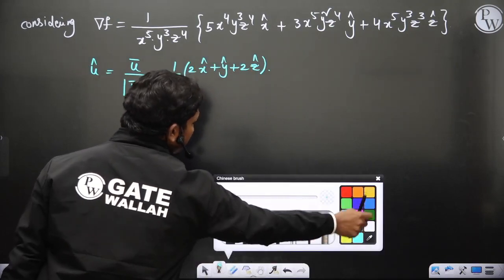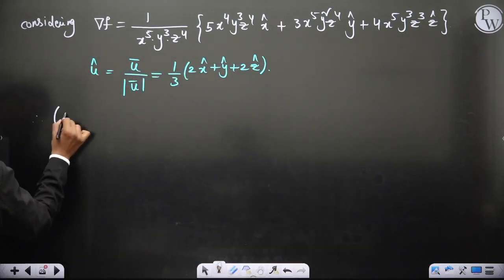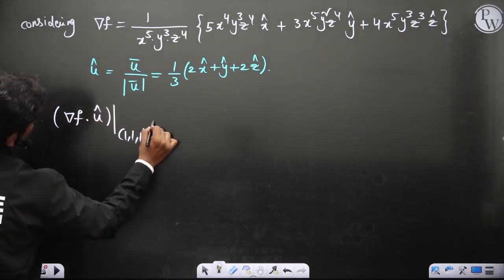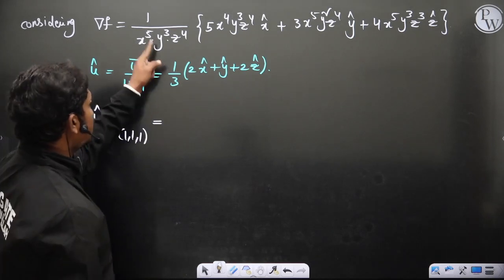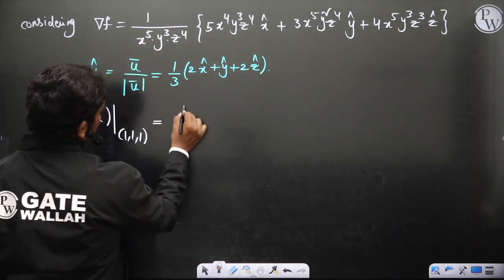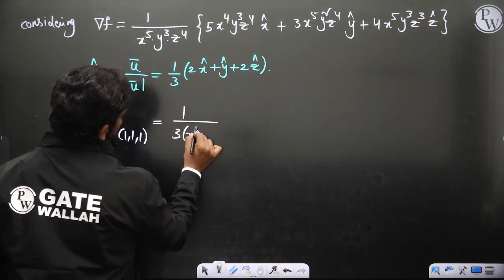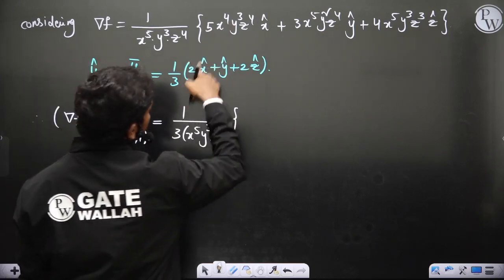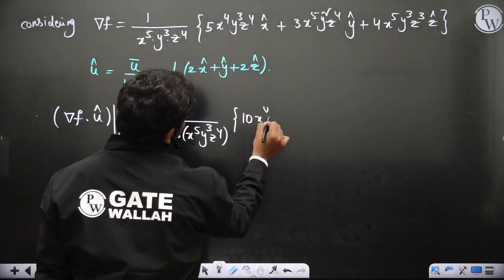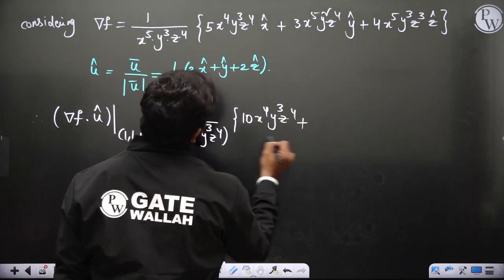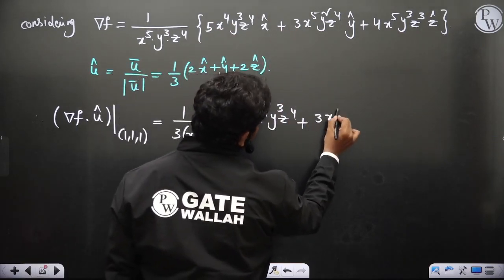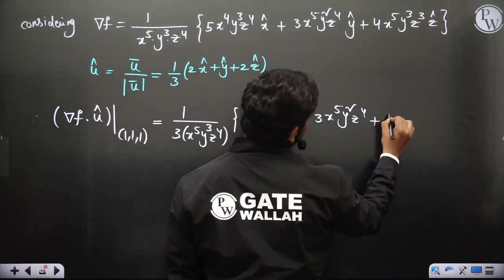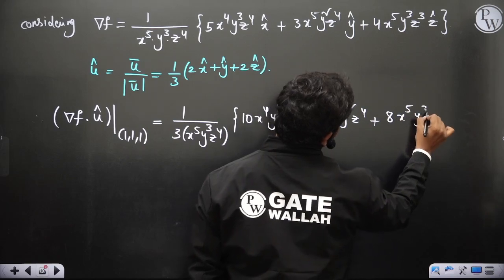Now if you calculate that dot product, gradient of f dot u cap at (1, 1, 1): the 3 and the scalar function come out as constants. Then the dot product of these two vectors gives 2 times 5x power 4 y cubed z power 4, plus 1 times 3x power 5 y squared z power 4, plus 2 times 4x power 5 y cubed z cubed.